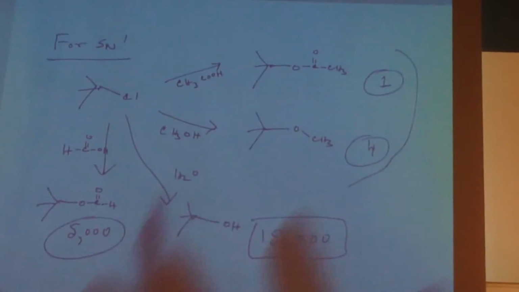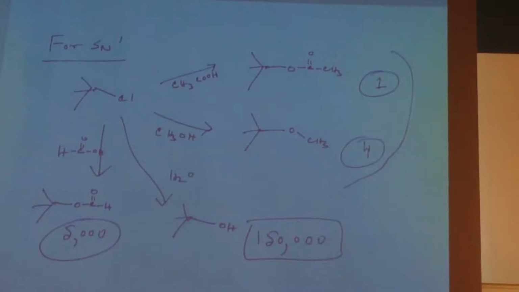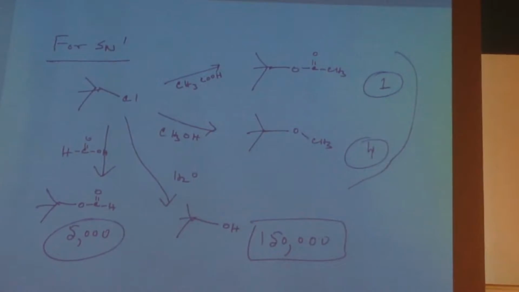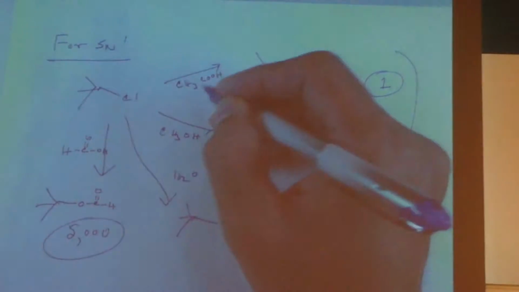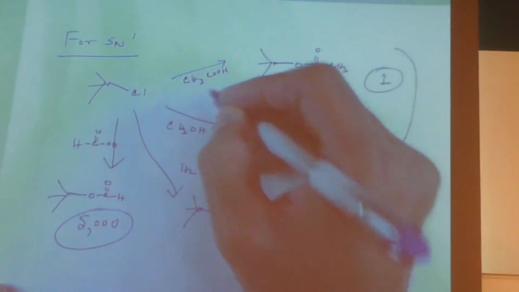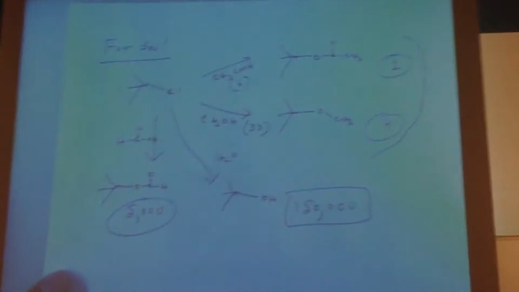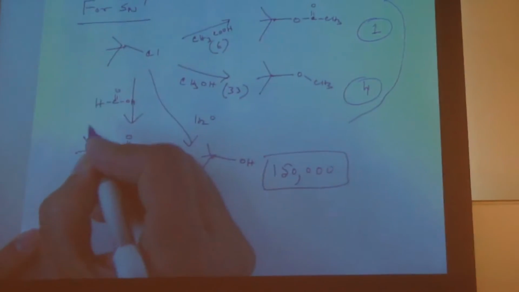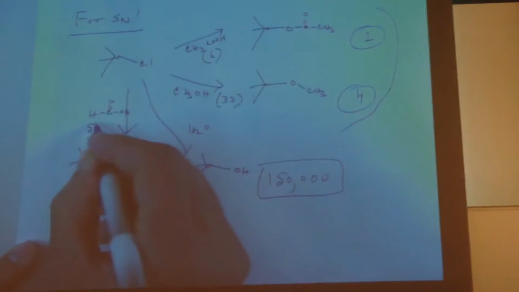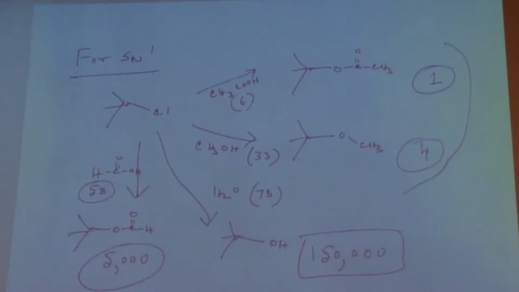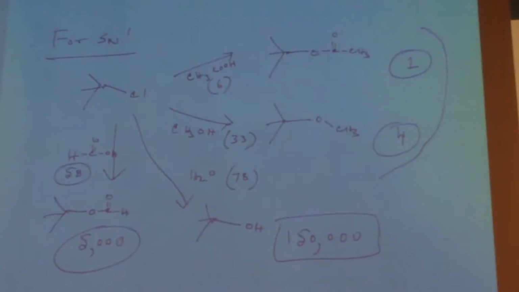Here we used agents that are all protic solvents, polar protic solvents, but the dielectric constant of acetic acid is about 6. Methanol is 33. Formic acid is 58. And water is 78, which is the highest dielectric constant of all the solvents that we normally discuss. And so there is a clear-cut difference.